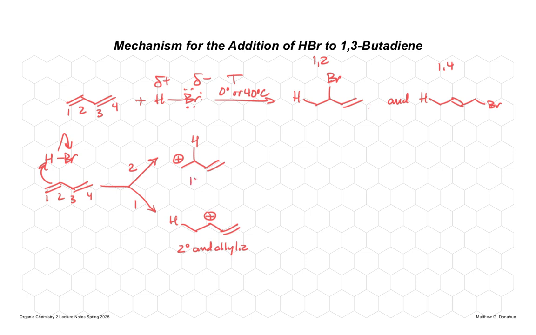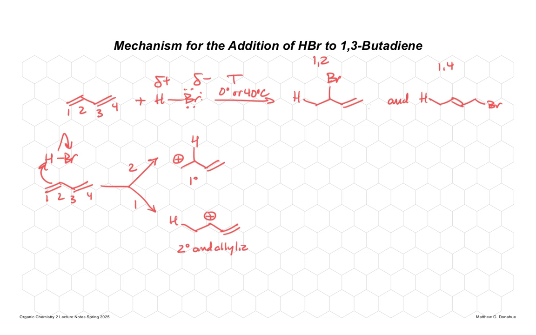This one is primary. We can recall from the carbocation stability trend, tertiary is greater than secondary, which is greater than primary, and then allylic and benzylic have special stabilization. We know from this case that secondary is going to win.